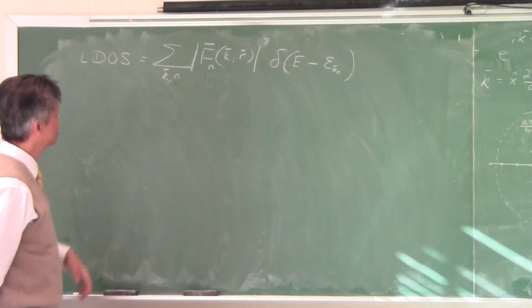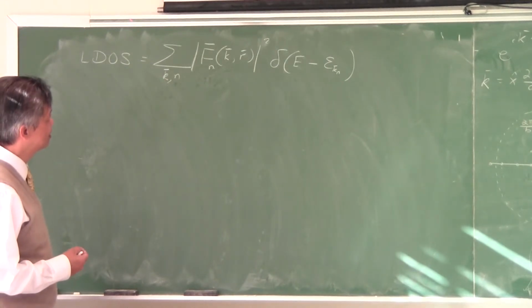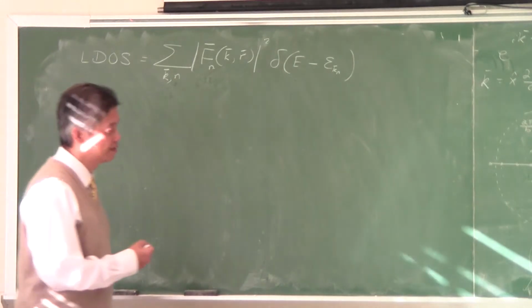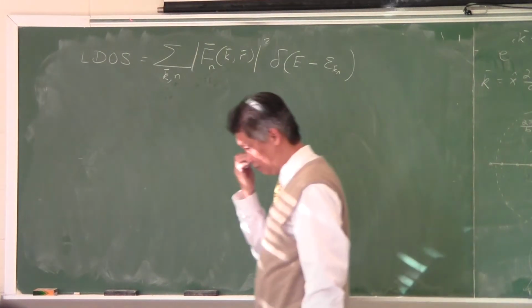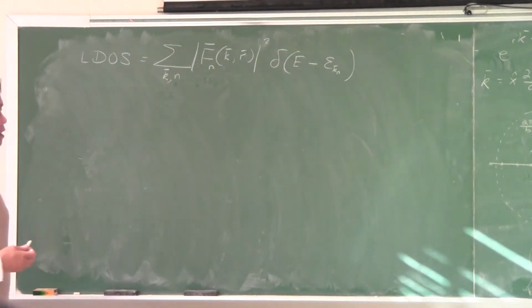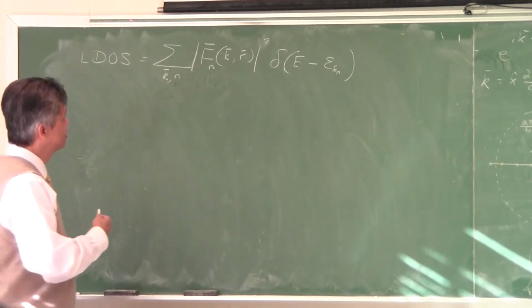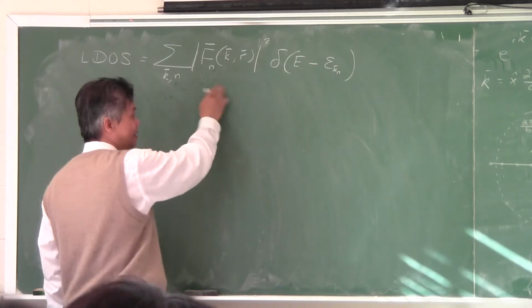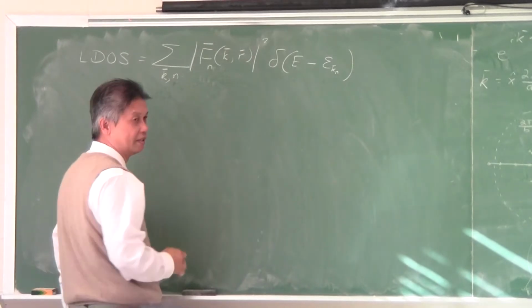I can write this down as a local density of states, which gives each state a spatial distribution. This density of states here, called DOS, does not associate a spatial distribution with the photons in the system, but the local density of states does. If you're at a certain energy level, the photon is most likely found in places where this number is large, and less likely to be found if this number is small.